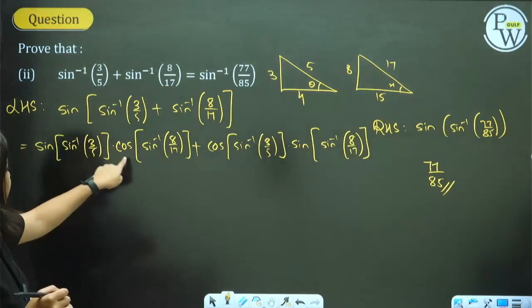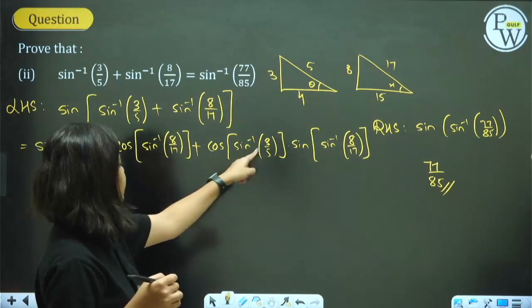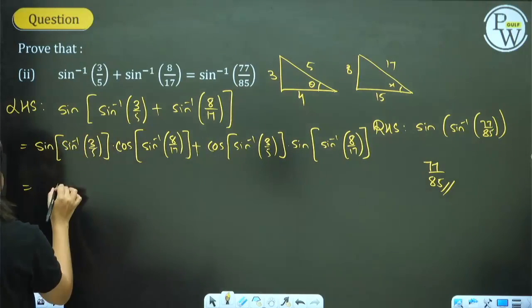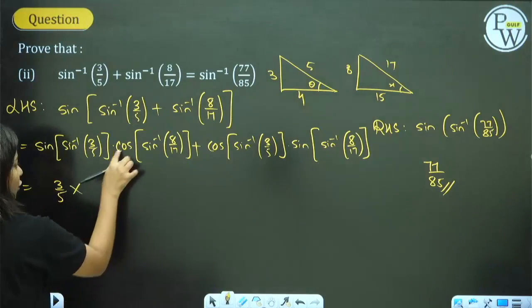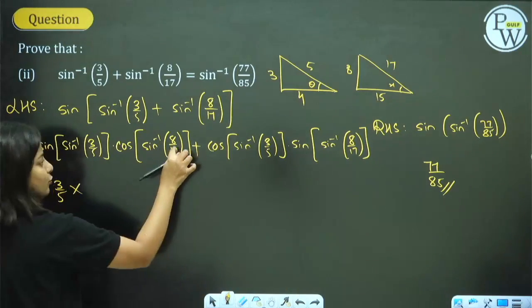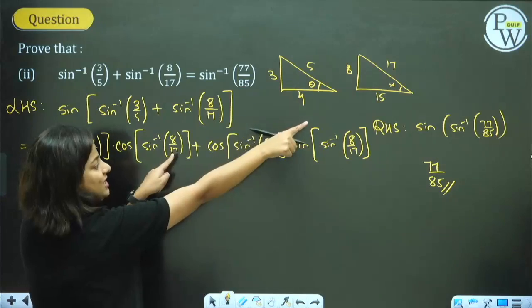Sin A cos B, cos A sin B. Looks good to me. Sin inverse 3 by 5, cos, sin inverse cannot cancel. Make this sin as cos. And how to do that? From the second triangle, 8 by 17 is in the second triangle.